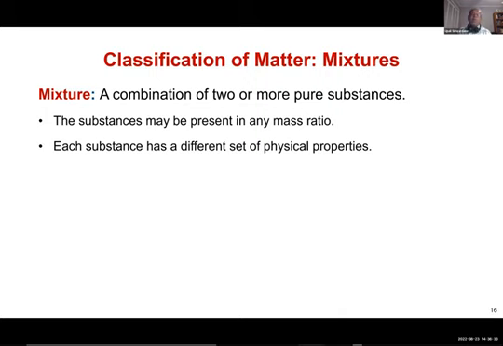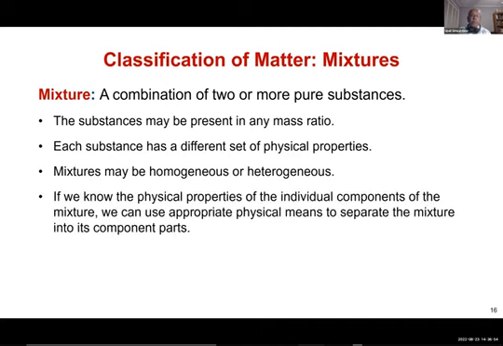So the properties of a mixture depend on the mass ratio of the components. Mixtures can be homogeneous or heterogeneous. Homogeneous means uniform composition throughout the sample. Heterogeneous means non-uniform. If we know the physical properties of the individual components, we can use appropriate physical means to separate the mixture into its component parts.